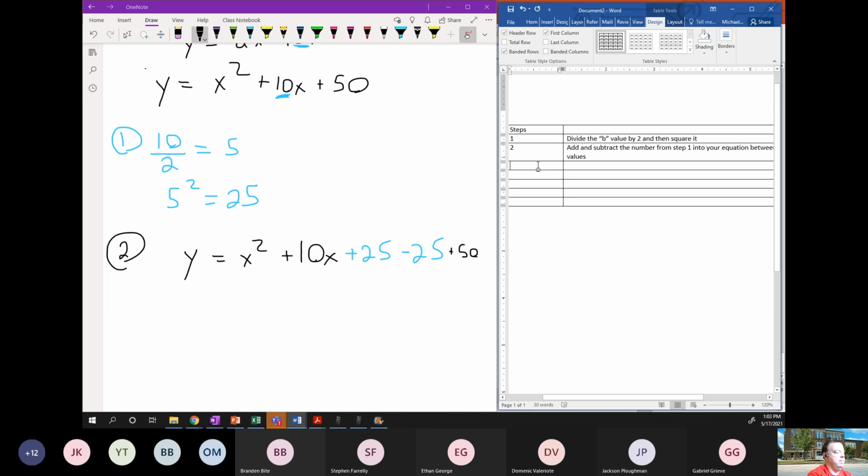All right, then I'm going to say step three, brackets, put brackets in your first three terms. This just helps you visualize making your perfect square. Okay, so I'm going to put a bracket there. My first three terms are going to go inside my bracket.